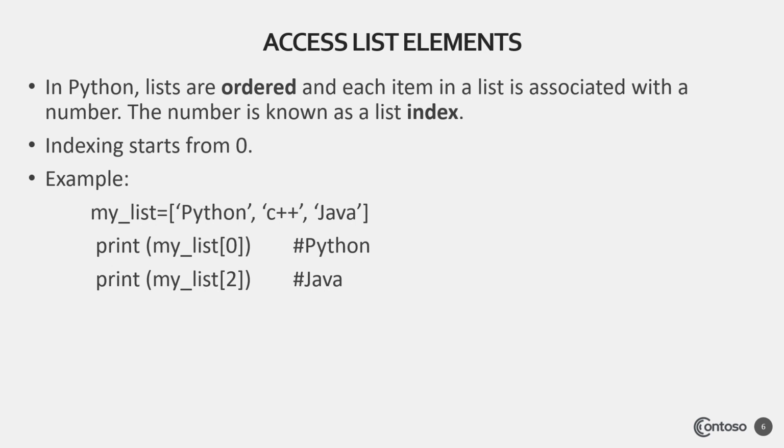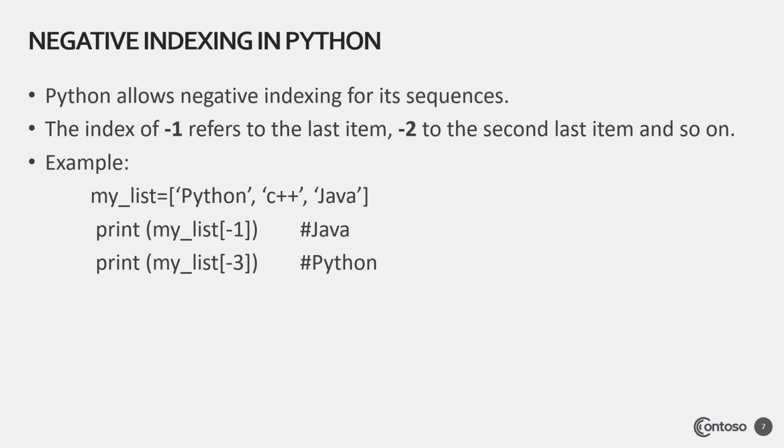In the given example, print my_list of 0 gives Python, because Python is at the 0th index, C++ is at the first index, and Java is at the second index. So my_list of 0 is Python, my_list of 2 is Java. If we print my_list of 3, it will cause an error because there is no element at index 3.